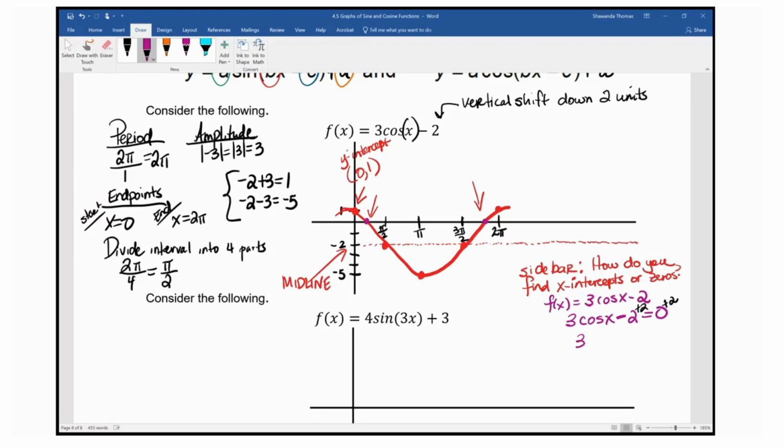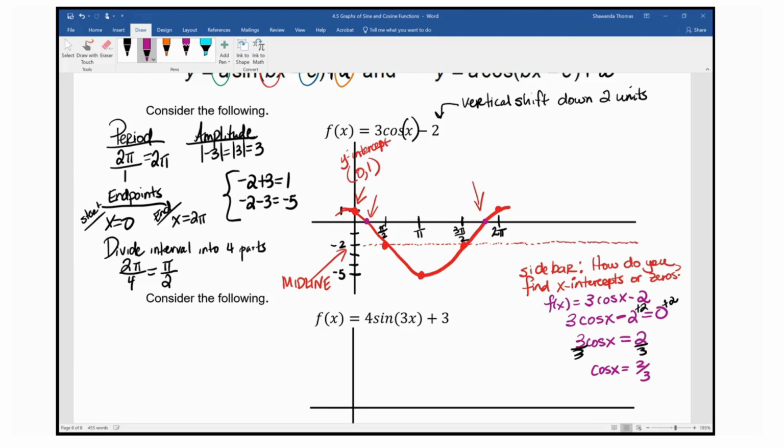That's 3 cosine x equals 2, and then you would... You say you're trying to get cosine by itself? Let's get cosine by itself. Divide by 3. So at least now we've got cosine of x equals 2/3.